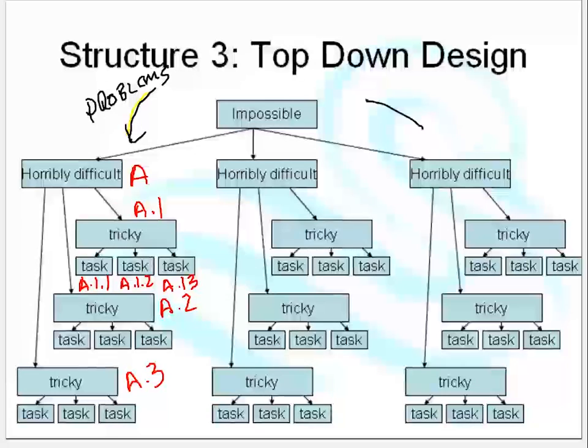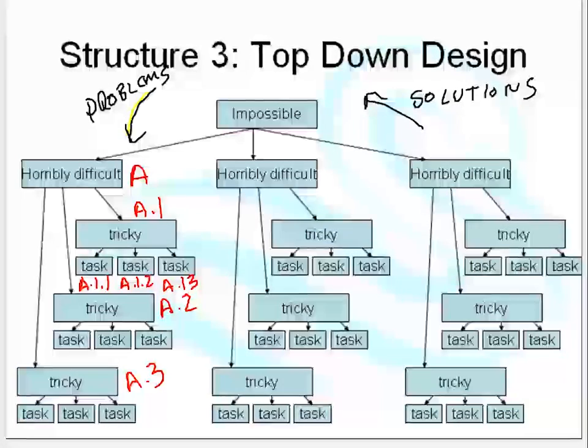So problems go down, solutions go up. You don't go to your boss with a problem, you go to your boss with a solution. If you have a problem, you give it to the next person below you and get him to fix it. And if he's the last person in the line, it's tough for him. So the first tenet of top-down design is that problems go down, solutions come up.